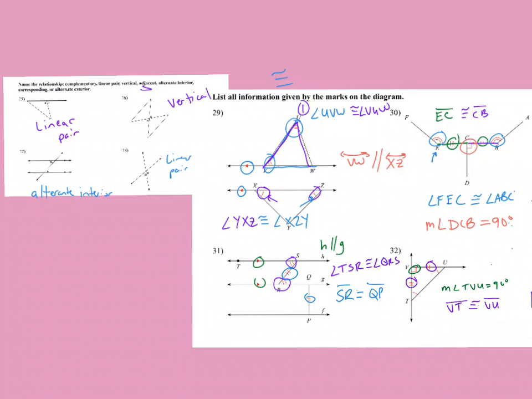And then I see angles here and here. So I'm going to say angle VTU, because look, I had to go from V to T to U, and then VUT. So it's congruent to angle VUT. And that finishes that.